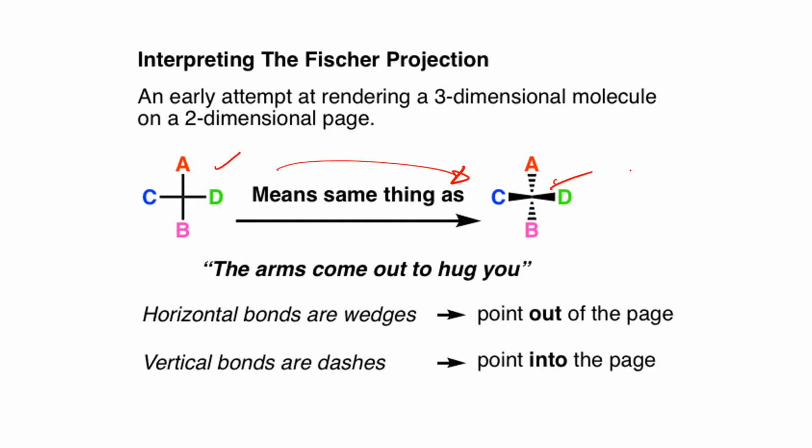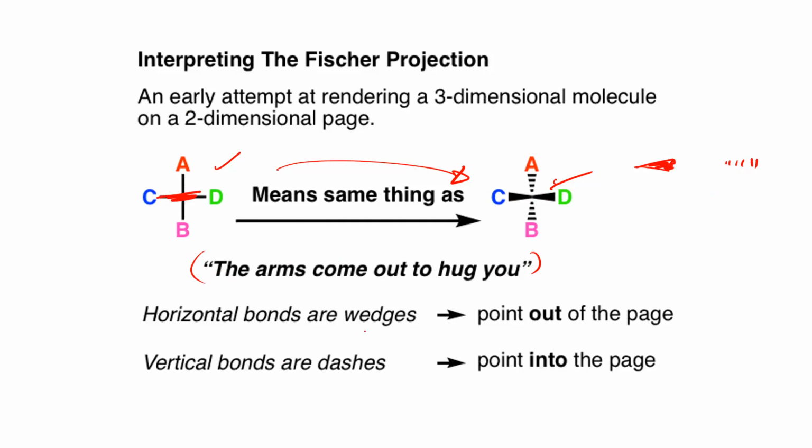The wedge means coming towards you, and the dashed wedge means going away from you, below the plane. You can understand it easily this way: C and D are like arms coming out to hug you.